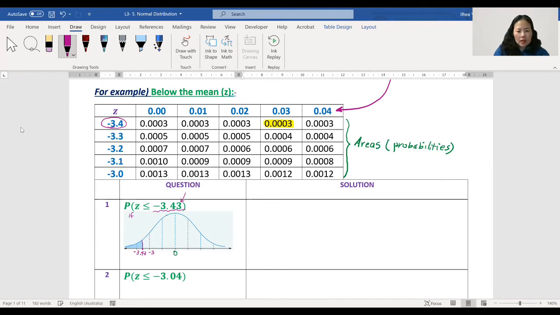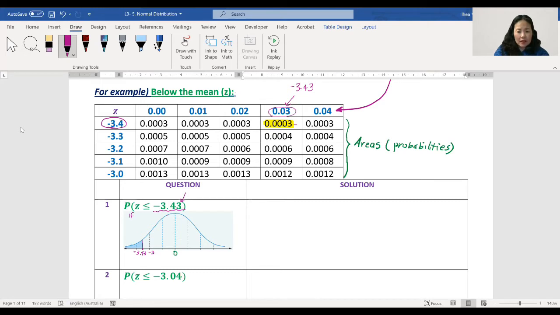I will go here because that'll give me minus 3.43, since these are all my second decimal places.